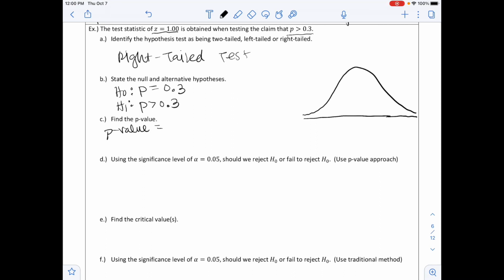And with a standard normal distribution, our mean is equal to 0 and our standard deviation is equal to 1. So I'm going to go ahead and put 0 on here. Since z is equal to 1, I'll put that value on. And so this would be z is equal to 1. Since we're dealing with a right-tailed test, I know that I will be shading that area to the right of z equals 1.